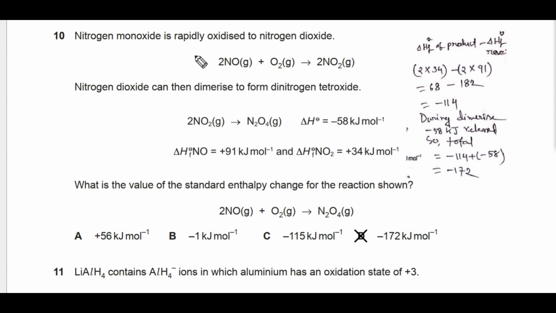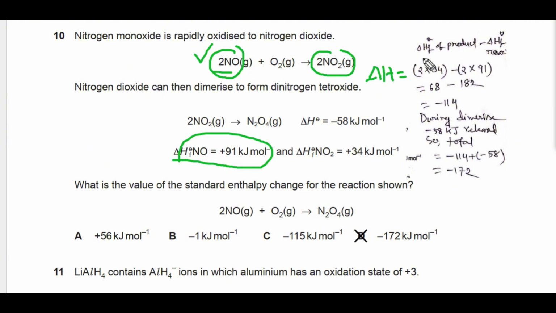Yes, first you have to find out the enthalpy of the reaction for this reaction 1. As enthalpy of formation values are given, the enthalpy of the reaction will be the standard enthalpy of formation of products minus the standard enthalpy of formation of reactants.